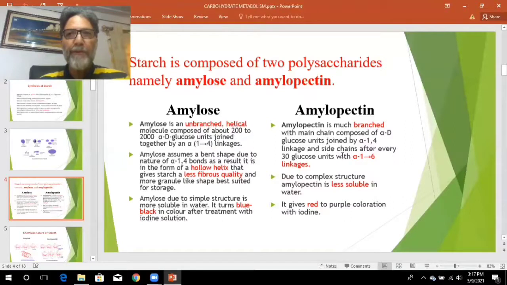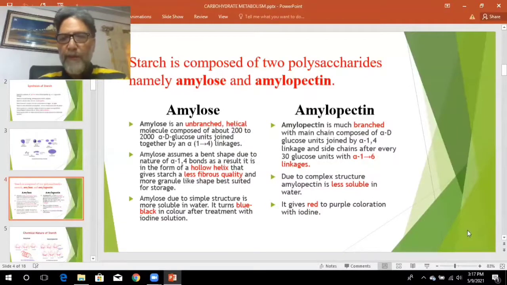That means the difference between the two lies here. One is a straight chain; the other has side chains. The side chains are at alpha 1,6 linkages, which can be after 30 glucose units. So it is a complex structure. Amylopectin is a complex structure. Thus, it is less soluble in water. And its coloration on iodine turns red to purple.